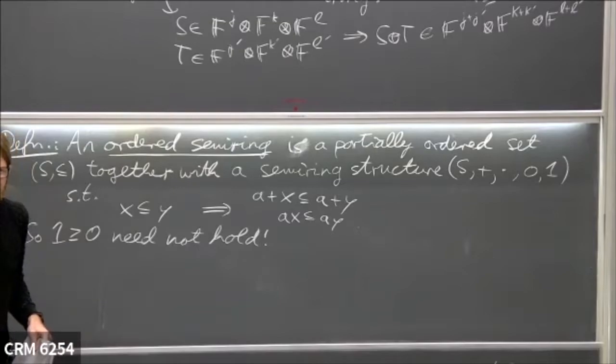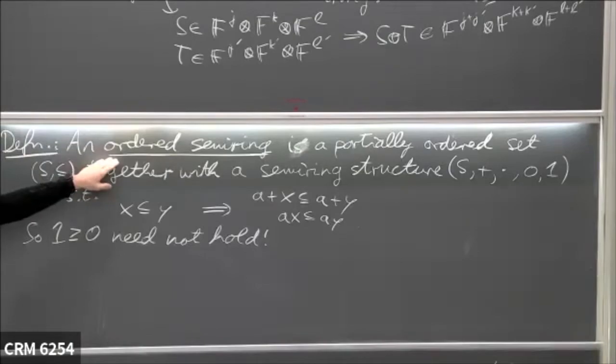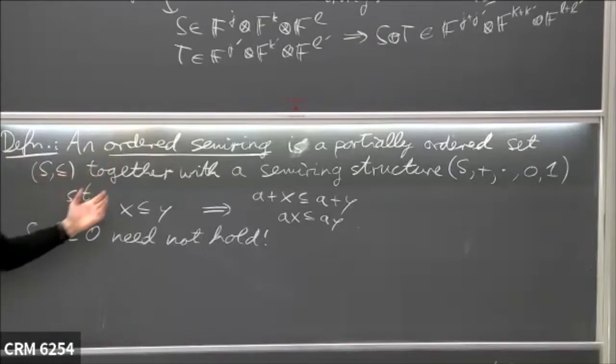Do you have cases where... Absolutely. So the generic example of this: if you have an order semiring S, then you just reverse the order, and then it's again an order semiring. If this holds before reversing the order, it will be the other way.